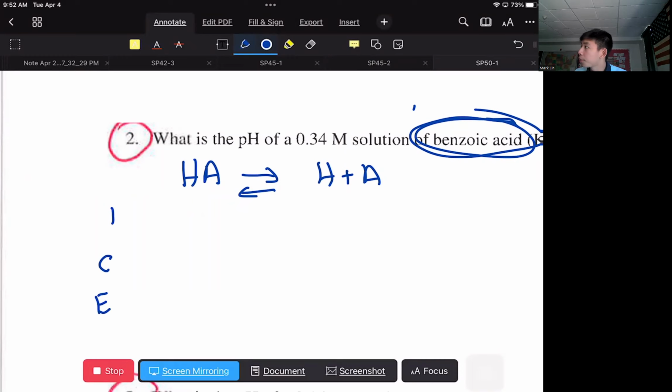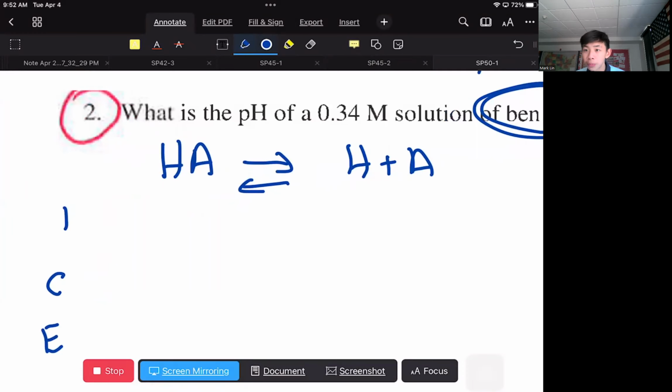The 0.34 molarity is for the HA, which is the benzoic acid, and this is just hydrogen. It's always benzoic acid breaking down into hydrogens.